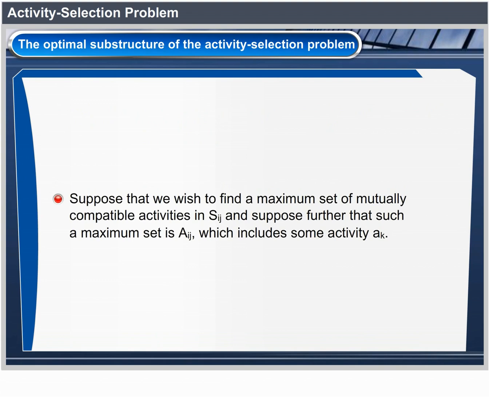Suppose that we wish to find a maximum set of mutually compatible activities in Sij, and suppose further that such a maximum set is Aij, which includes some activity Ak.